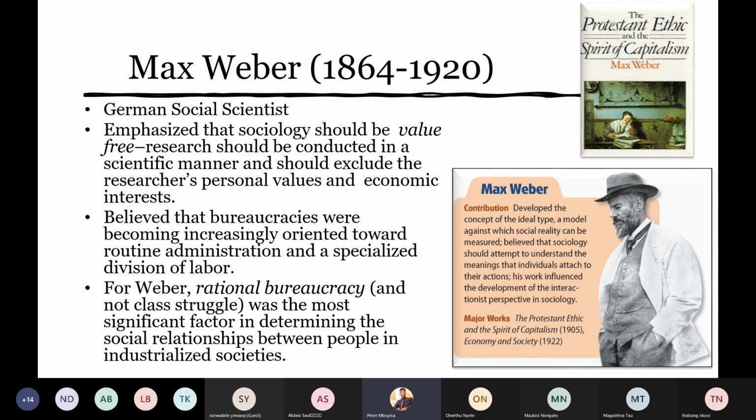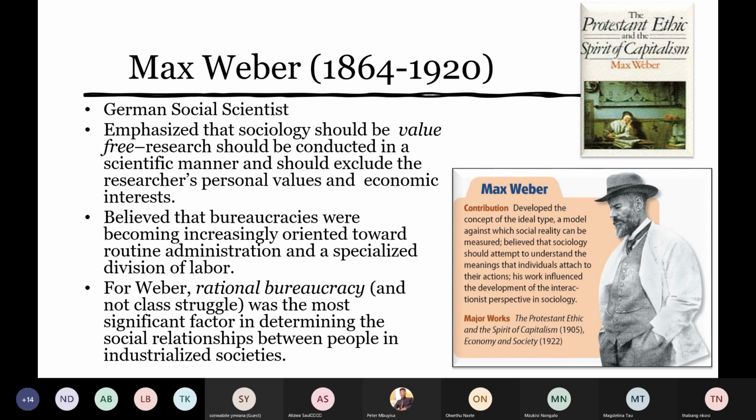And he believed that bureaucracies were becoming increasingly oriented towards routine administration and specialized division of labor. That's a political view of some sort, to say that the politicians or political bureaucracies at the time are more leaning on controlling how labor is distributed instead of ensuring that we maintain social order.